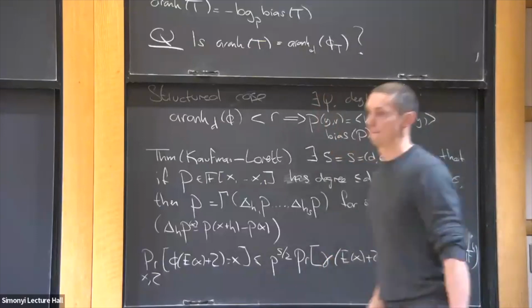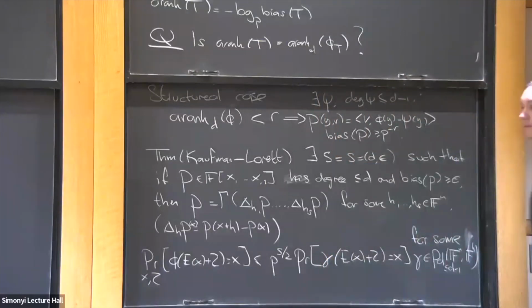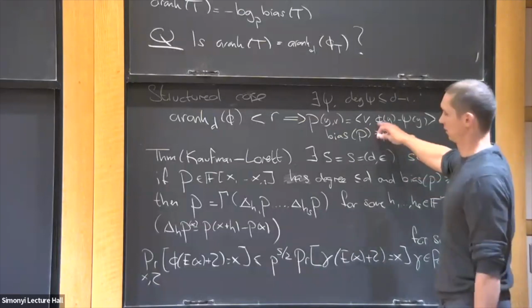Yeah. So you're adding more variables and then you get rid of them somehow? You're adding more variables, and you said you have a polynomial in more variables that's biased. Yeah, right. But this polynomial is just kind of an auxiliary thing.